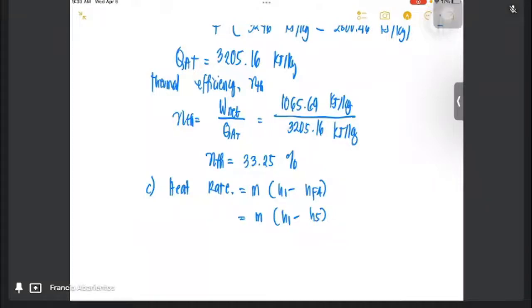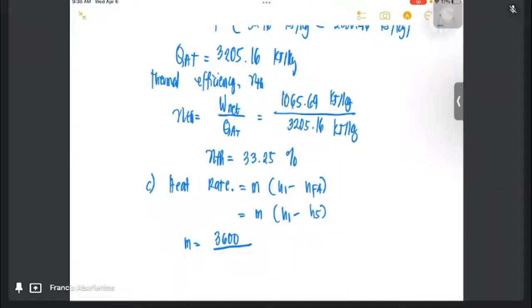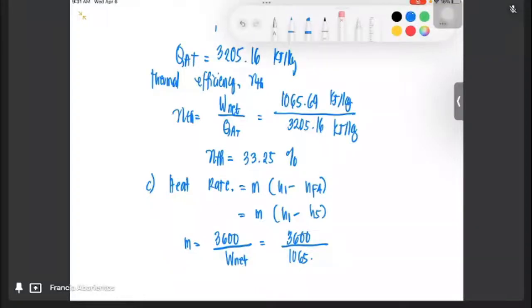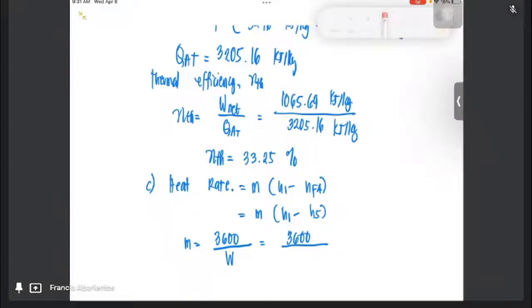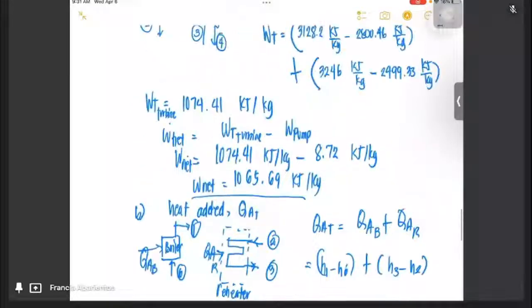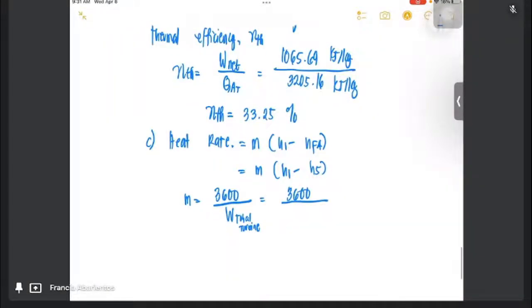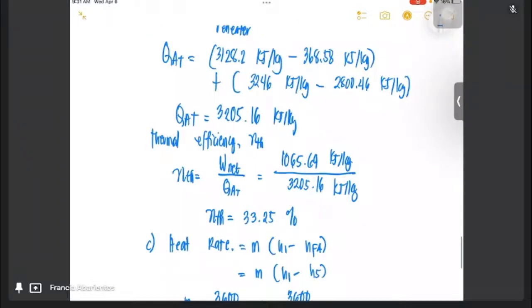Finding the mass, we make use of 3,600 over the net work. Let me show you. Our net work, I mean, not the net work but the total work of the turbine. Sorry, my mistake. The mass of steam is based on the work of the turbine, 1074.41.